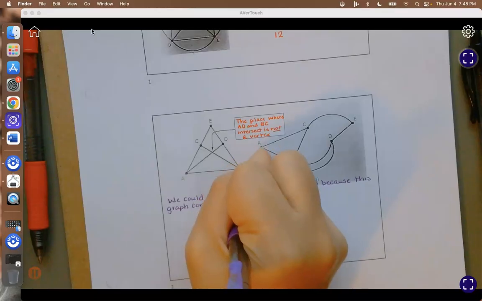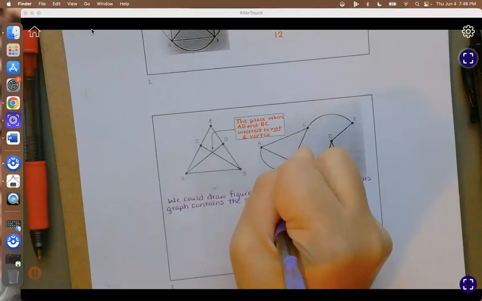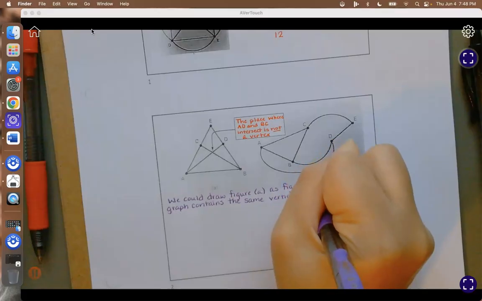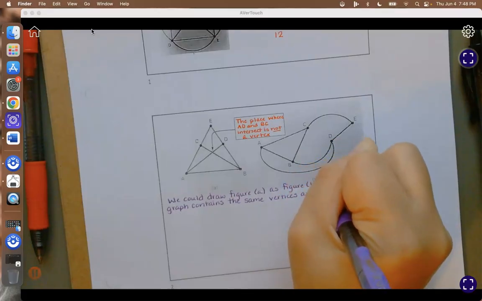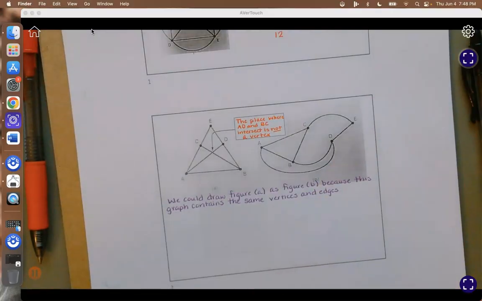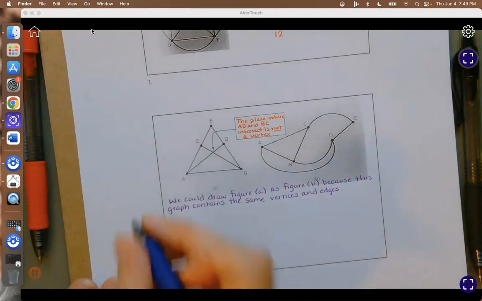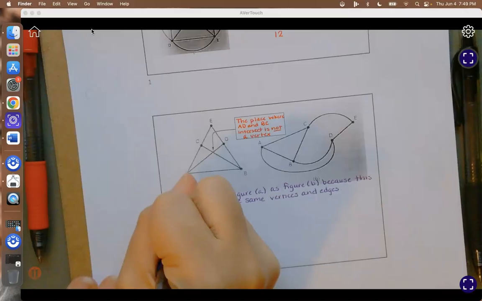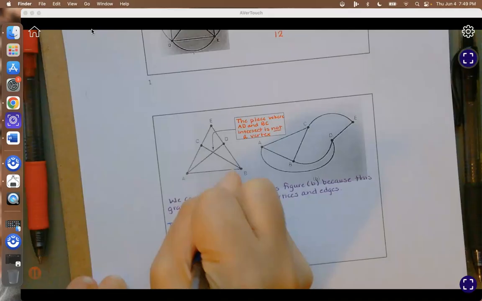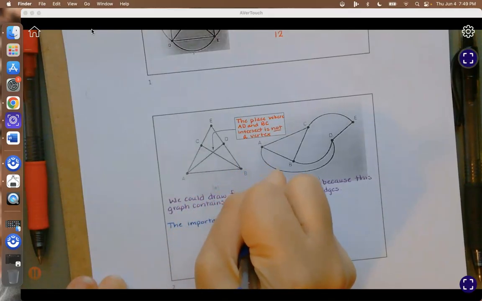The placement of the vertices and the shape of the edges are unimportant, excuse me.